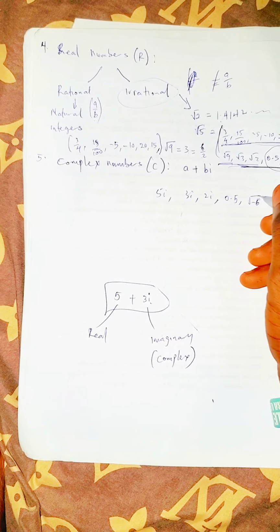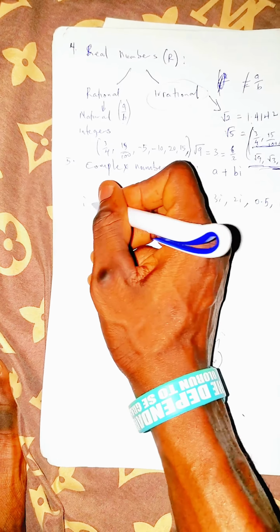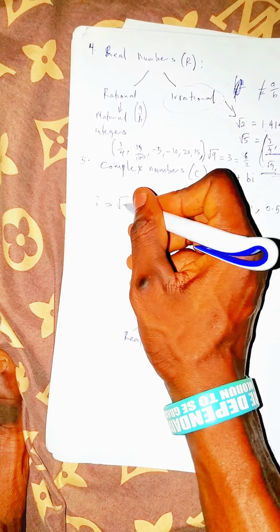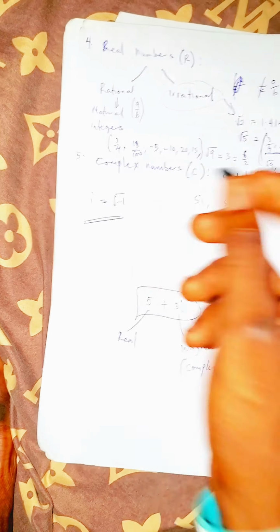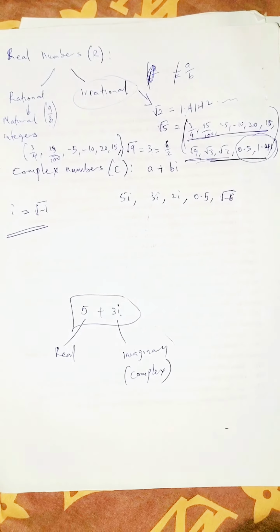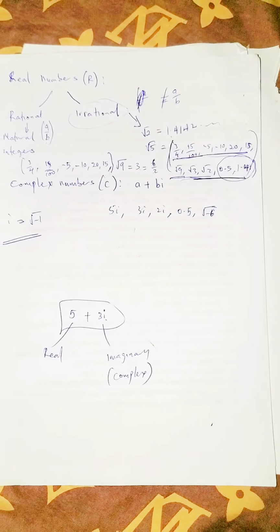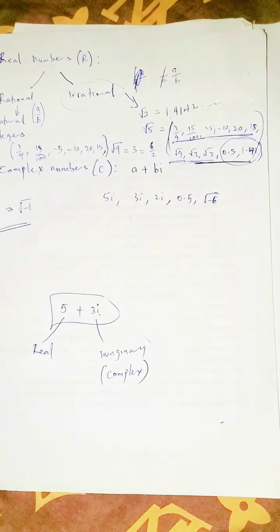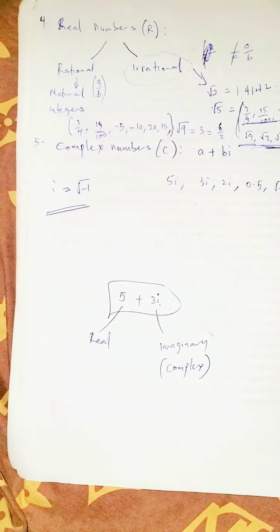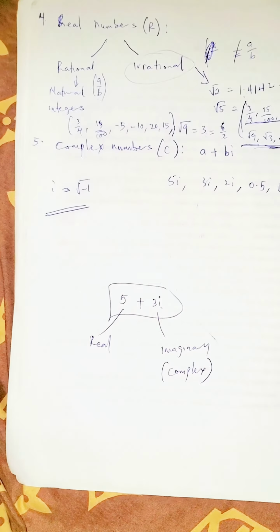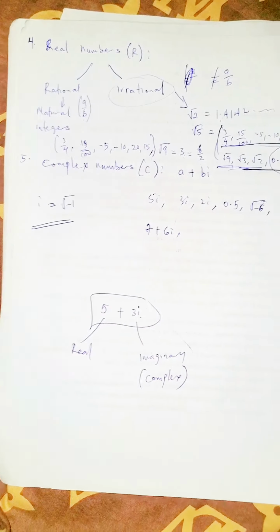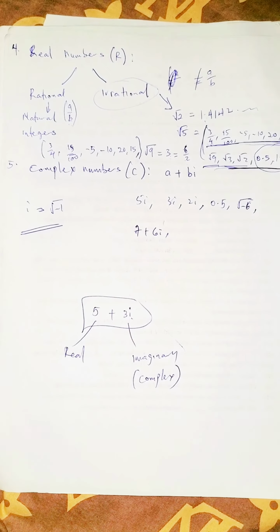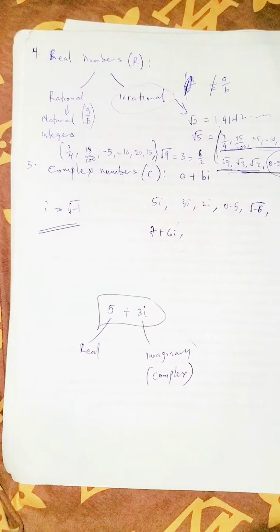Don't forget, take notes: the value of i is root of minus 1. Whenever you see i in any number, it equals root of minus 1. You can even have a complex number like 7 plus 6i. The presence of the i shows it is a complex number.